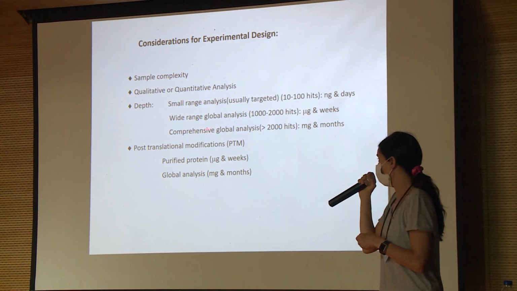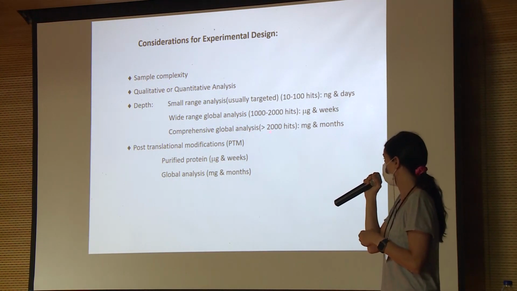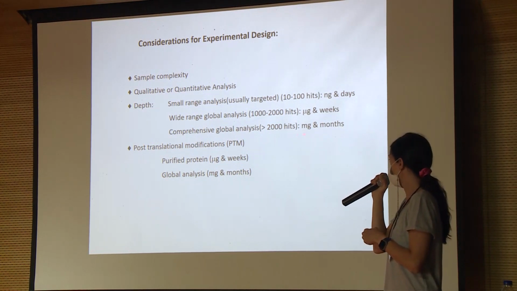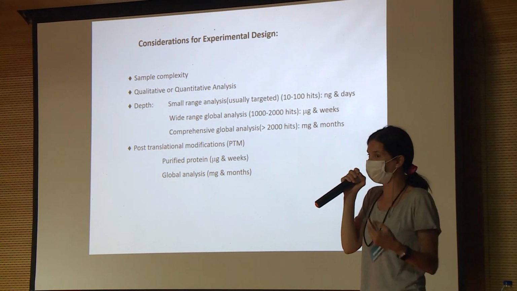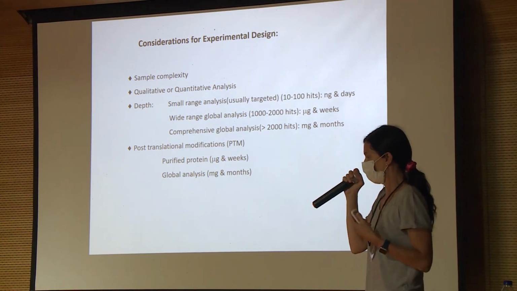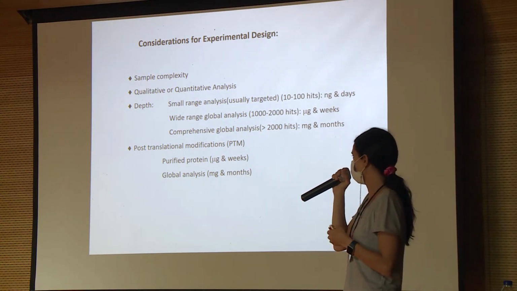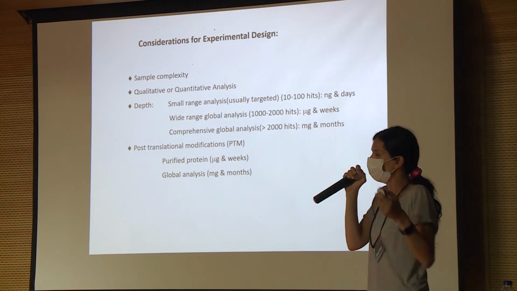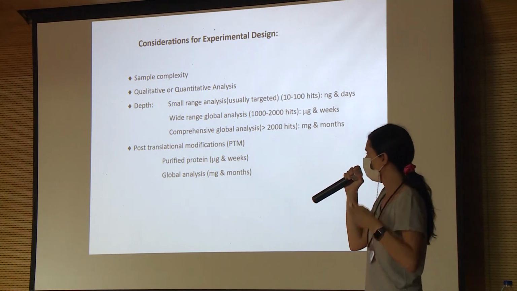And if you're going for a comprehensive global analysis, that is to say more than 2,000 hits, we're talking of milligrams and months. So depending on your time, your resources, and what you want to do, you have to weigh these factors and decide on what you're going to do. And then if you want to do something like post-translational modifications, that's another world.